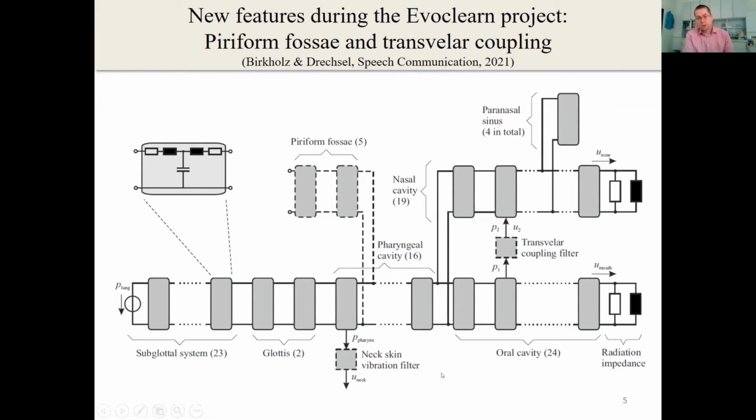And we also implemented a transvelar coupling filter that allows the coupling of sound from the oral cavity through the closed velum into the nasal cavity. So with this transvelar coupling filter, we can also have an acoustic excitation of the nasal cavity, also when the velopharyngeal port is closed.